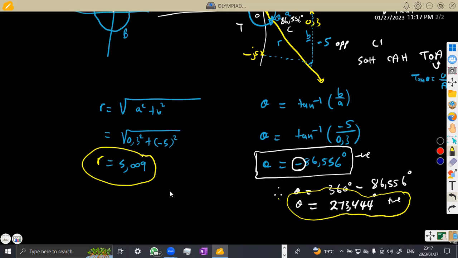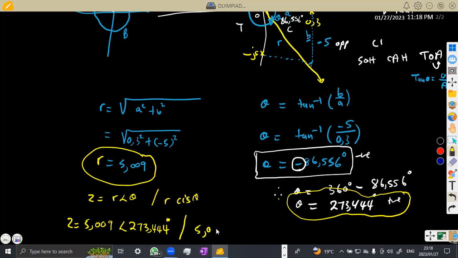But if the question was to write in polar form, you're going to write your z now. Remember, I told you in polar form, z is equal to r angle theta, or it can be written as r cis theta. So writing in either way, z is equal to 5.099 angle 273.444 degrees, or you can write it as 5.099 cis 273.444 degrees.